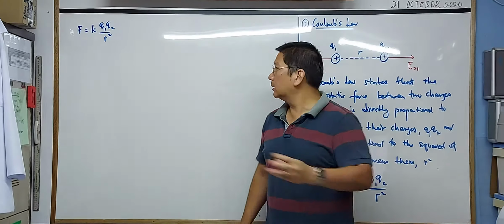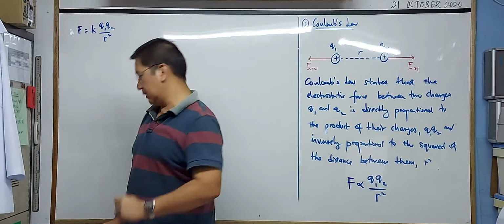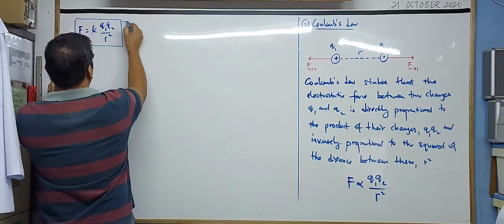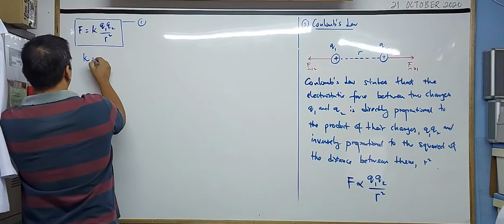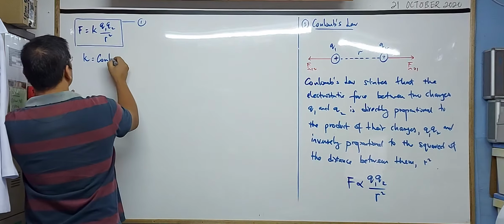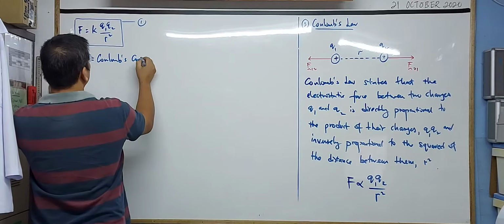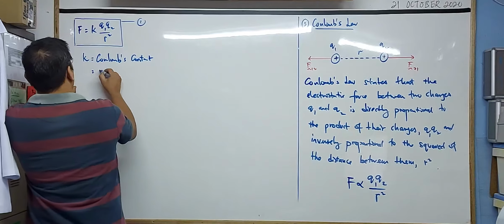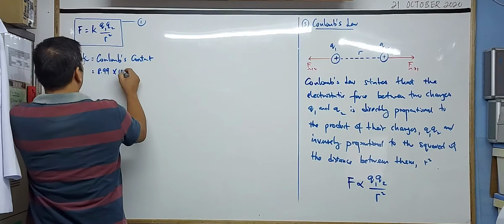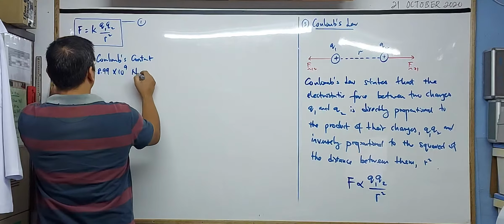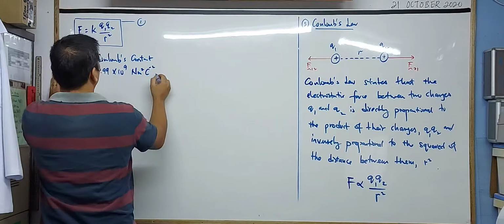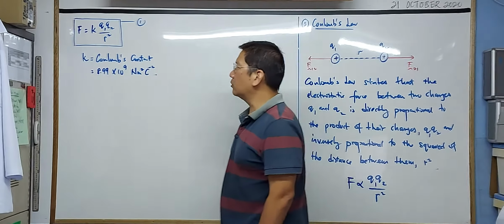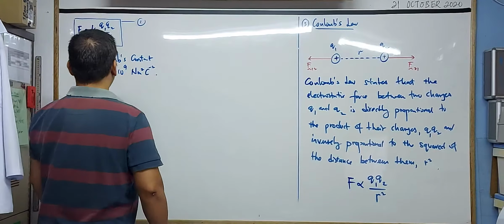So now we have a full equation with a constant K. We will call this equation number 1, where K is called Coulomb's constant, and it has a value of 8.99 times 10 to the power 9 Newton meter square per Coulomb square. That is a value discovered by experiment, from Coulomb's experiment.